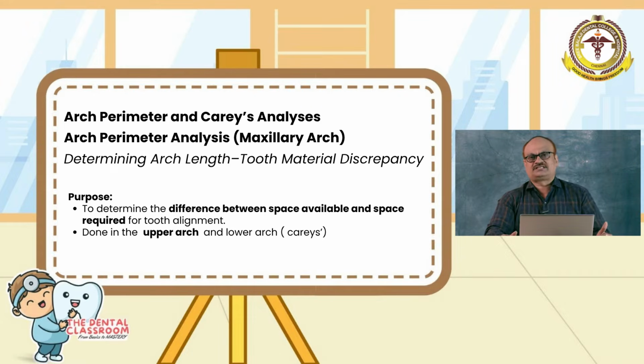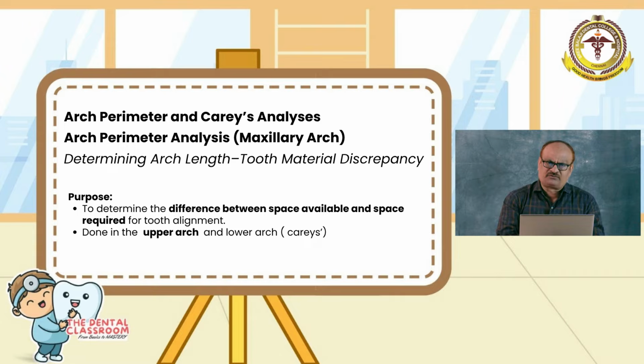The first one is the very easy one, the arch perimeter or Carey's arch perimeter analysis. If I do it in the mandibular arch, it is named Carey's arch perimeter analysis. The same thing when done in a maxillary arch doesn't carry any name. It is called simply maxillary arch perimeter analysis.